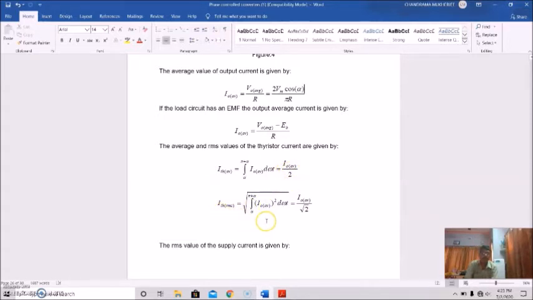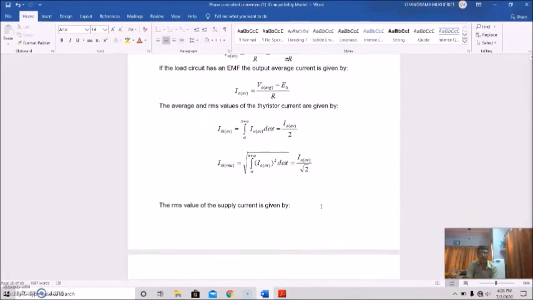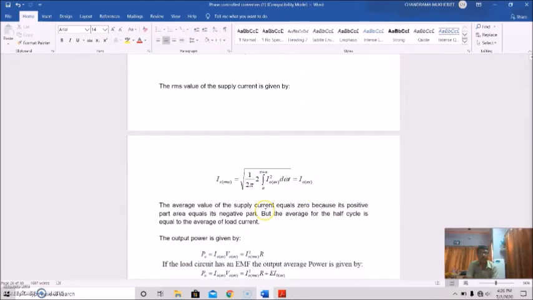The RMS value of the thyristor current will be 1 by root 2 times the average value of the output current. The RMS value of the supply current is given like this, and it will be the same as the RMS value of the output current.